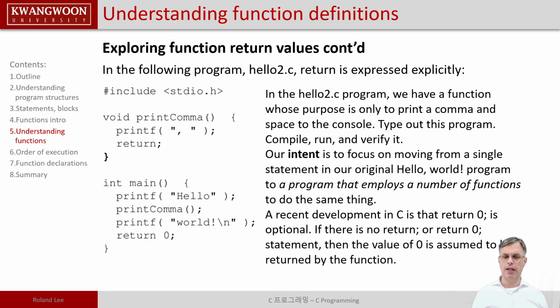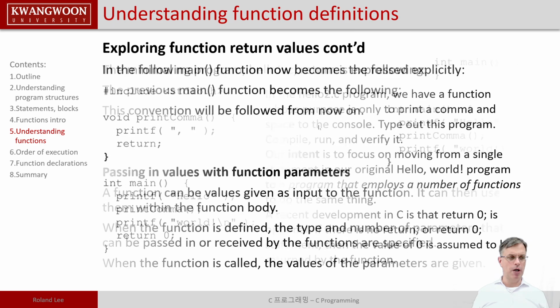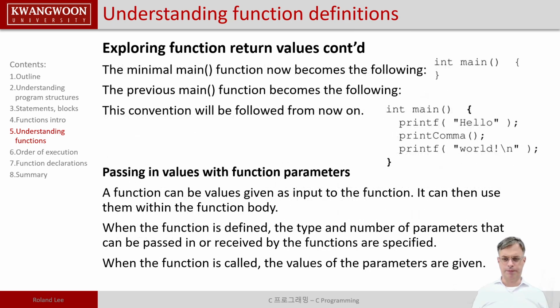With this in mind, the modern minimal main function now becomes int main parenthesis curved bracket, and return is not necessary. It became optional. The previous main function becomes as follows. You see that? And then we can continue now with passing in values with function parameters.